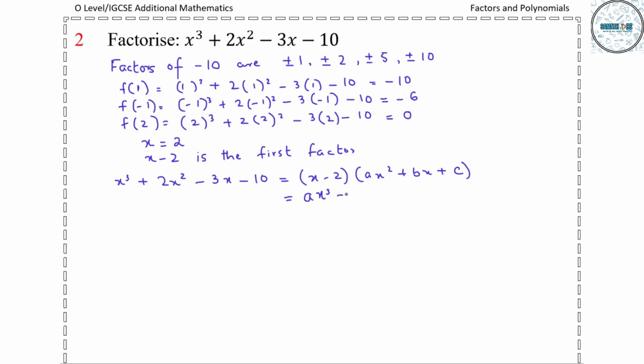Minus 2 multiplied by ax squared is minus 2ax squared. x multiplied by bx is bx squared. Minus 2 multiplied by bx is minus 2bx. x multiplied by c is cx. Minus 2 multiplied by c is minus 2c.